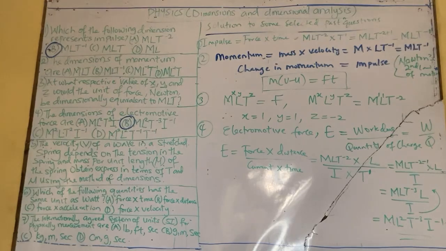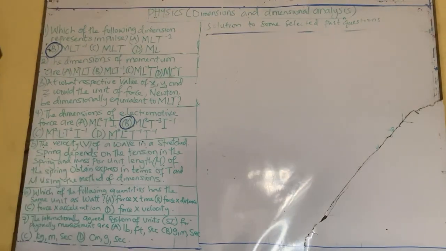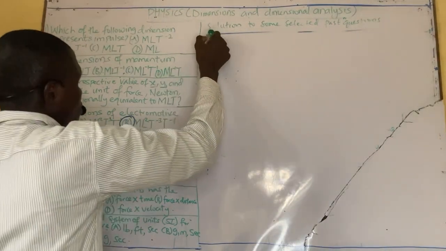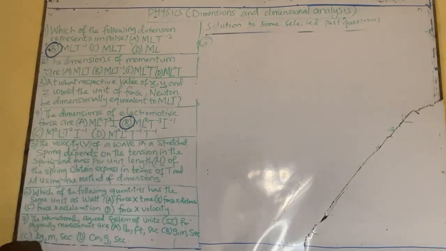So that's that about some selected past questions under dimensions. Now we're going into theory, as question number 5 is actually in theory form.